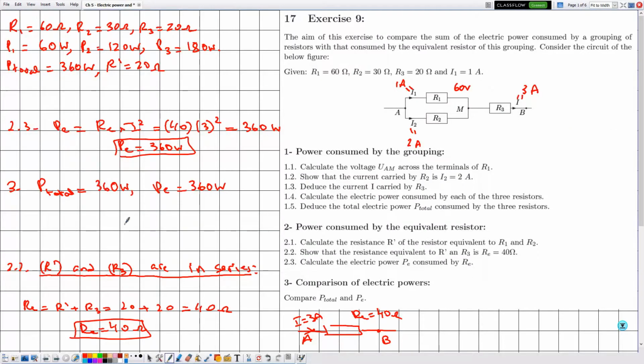In this case it's obvious that they are equal, which means that the electric power of a grouping of resistors can be determined using two methods. The first method is to calculate the electric power of each resistor, then add them up. The second method is to calculate the equivalent resistance, then calculate the electric power of this grouping using the electric power across the equivalent resistance.